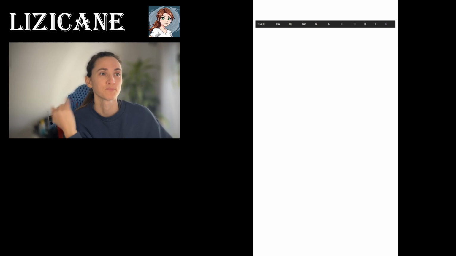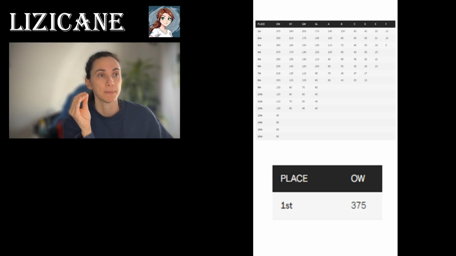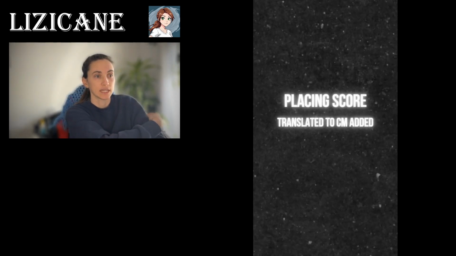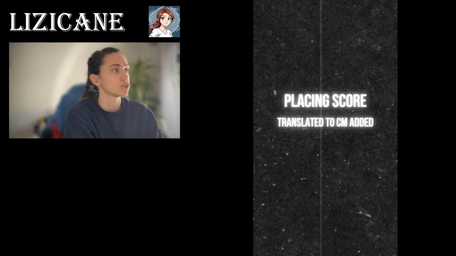Okay, so again, got all the rankings up top. We've got all the places that you could get extra points for, and then I filled in the chart again with the number of points that you can get per spot. But, again, the 375. We're saying we need to translate that to centimeters added in order to make this make sense.